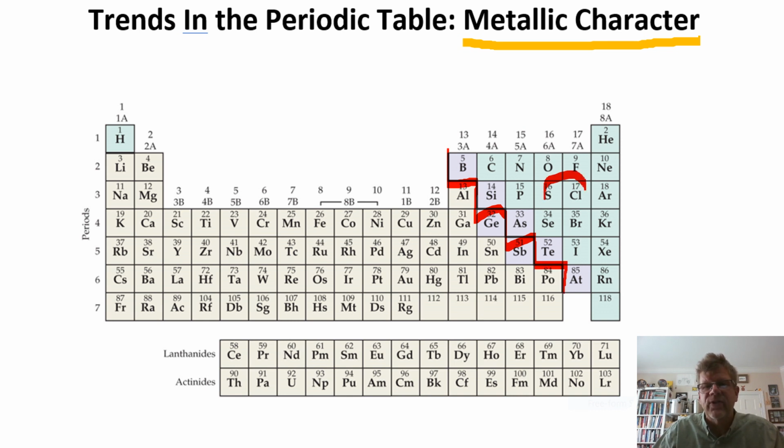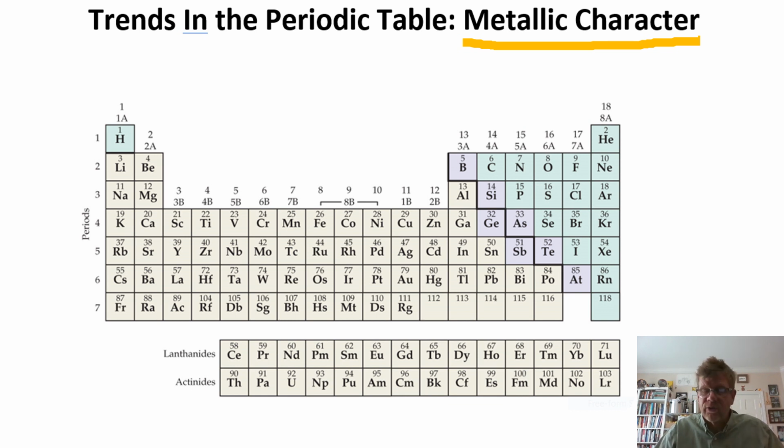If we are on this side of that stair-step line, we're non-metals, and if we're on this side, we are indeed metals. However, within the concept of a metal, we really have an increase or a decrease in what is considered metallic character.